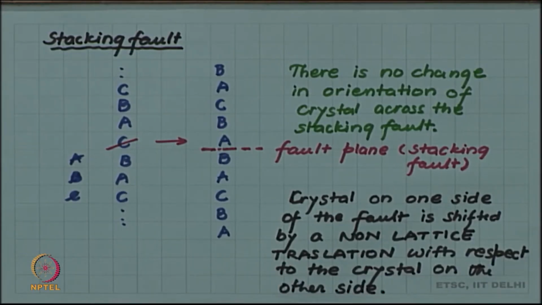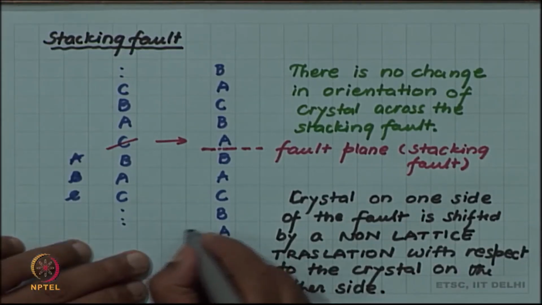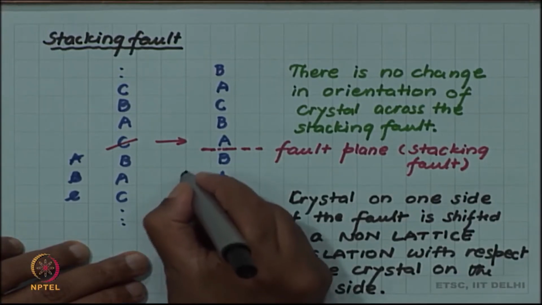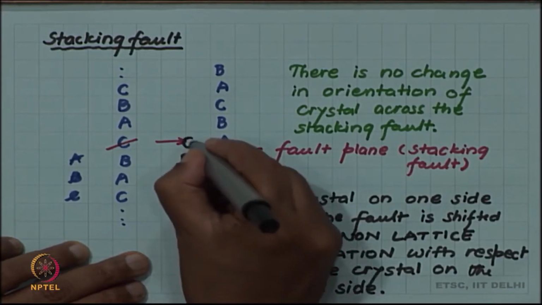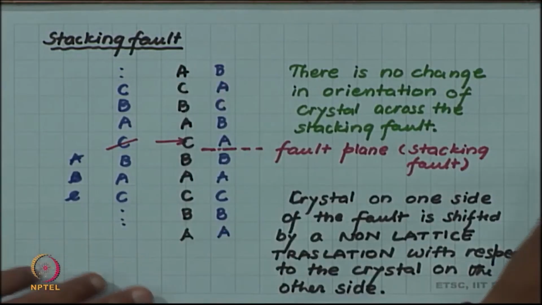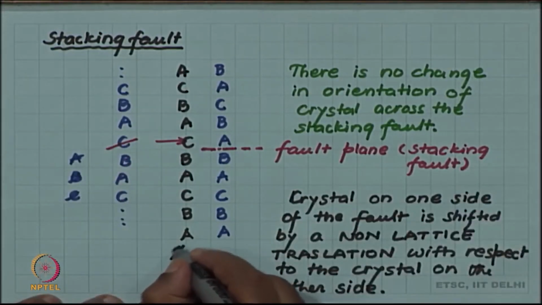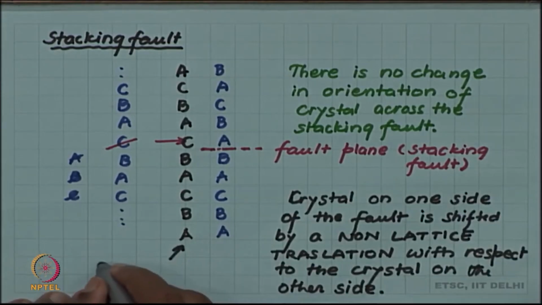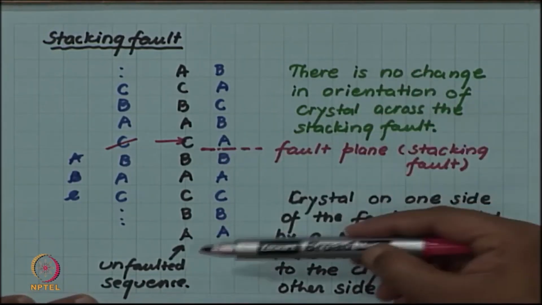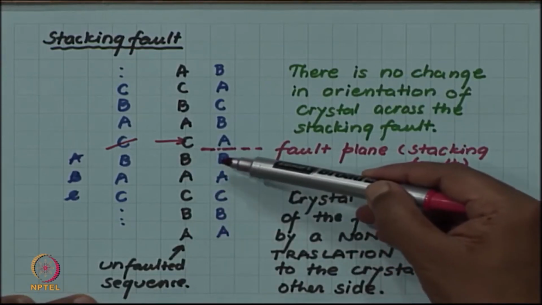So, essentially let me try to write a sequence for the unfaulted crystal. So, ABC, ABC, ABC, this would have been an unfaulted crystal. So, you can see below the fault plane, the unfaulted sequence and the faulted sequence are the same.